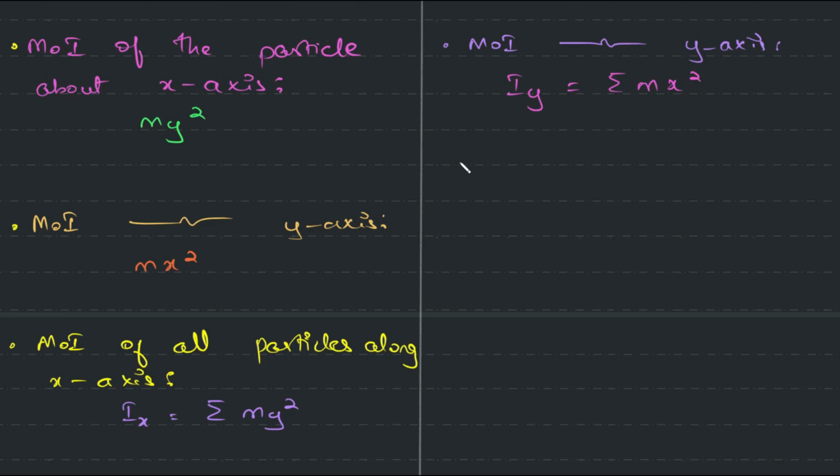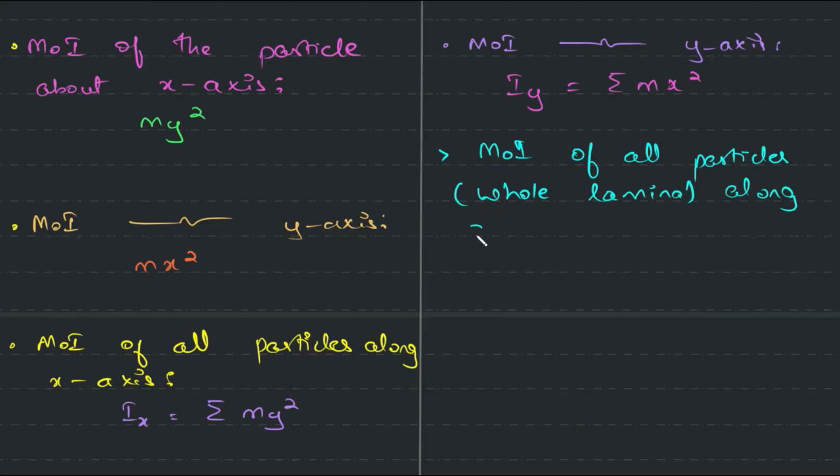Now, the final thing, the moment of inertia of all particles, or you can call this the whole lamina, along the z-axis will be, in a similar line, equal to the summation of mr square.